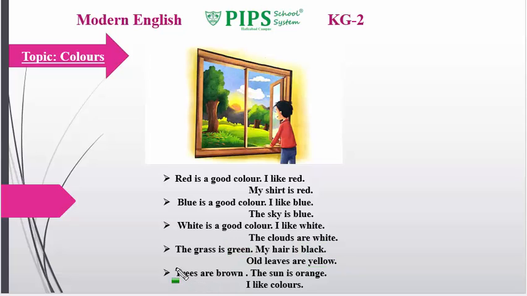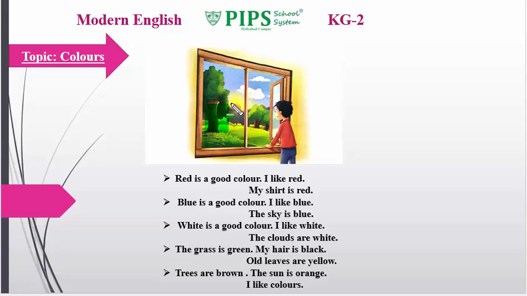Next one, trees. Trees are brown. The sun is orange. I like colors. You can see the tree stem has brown color.